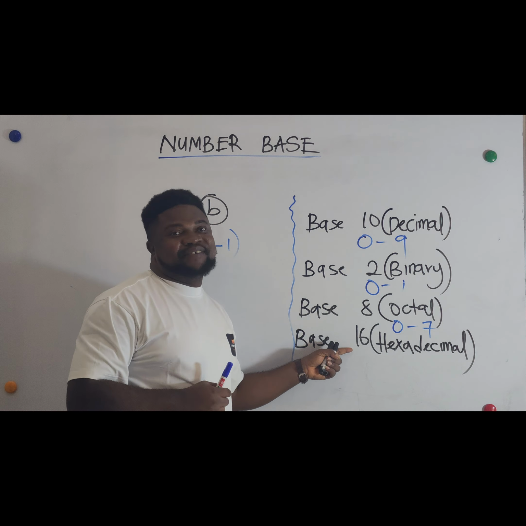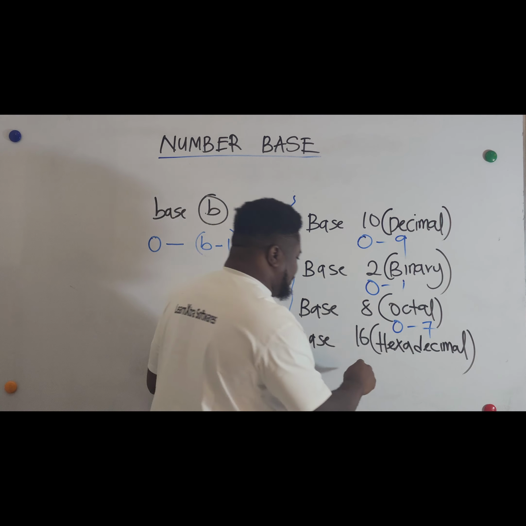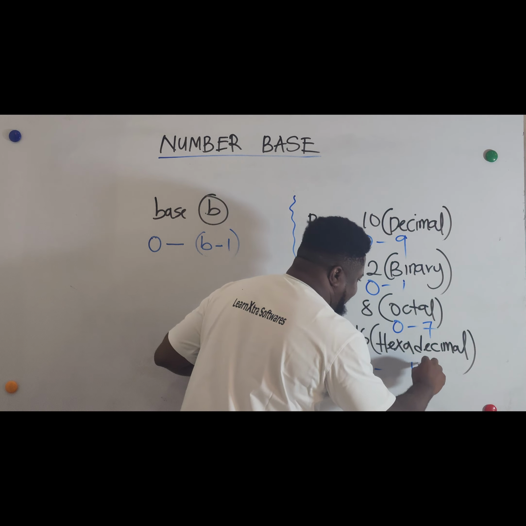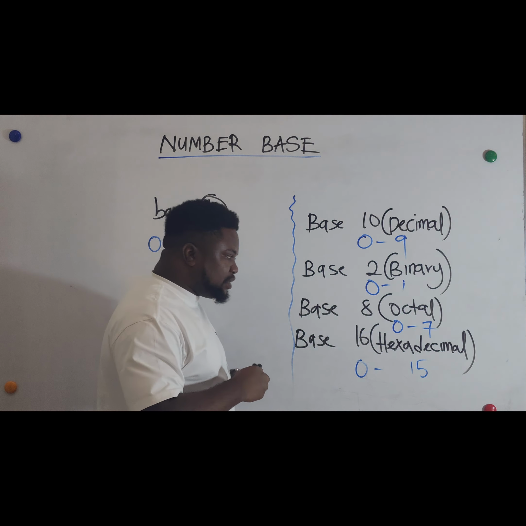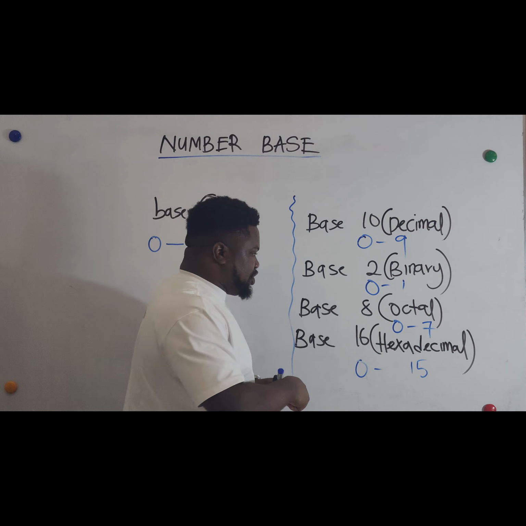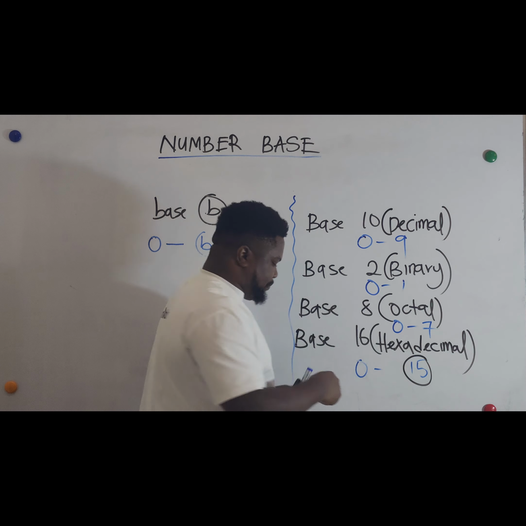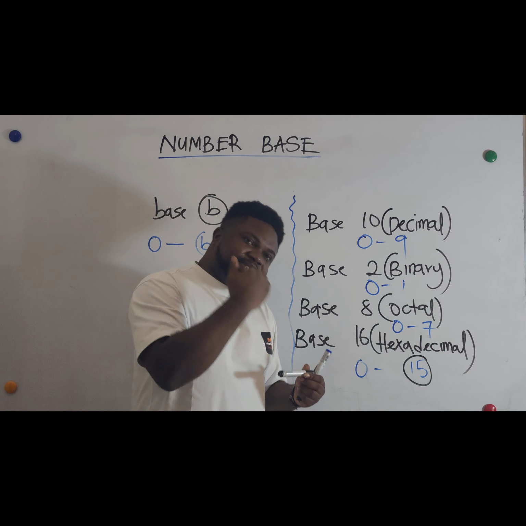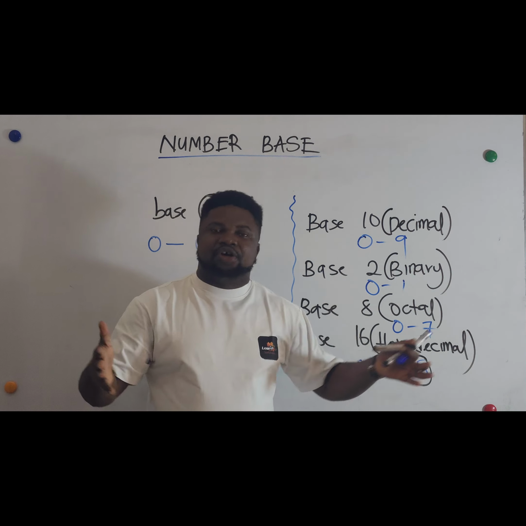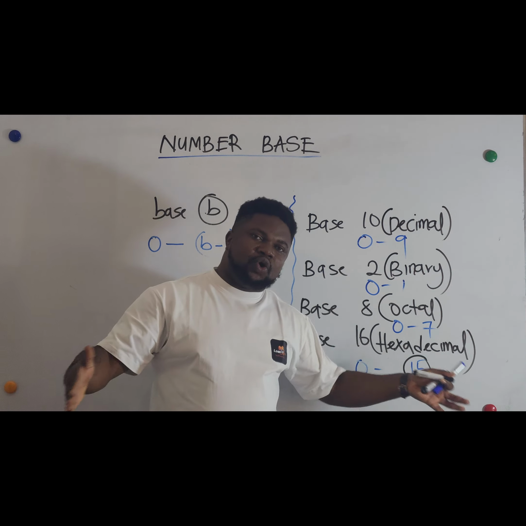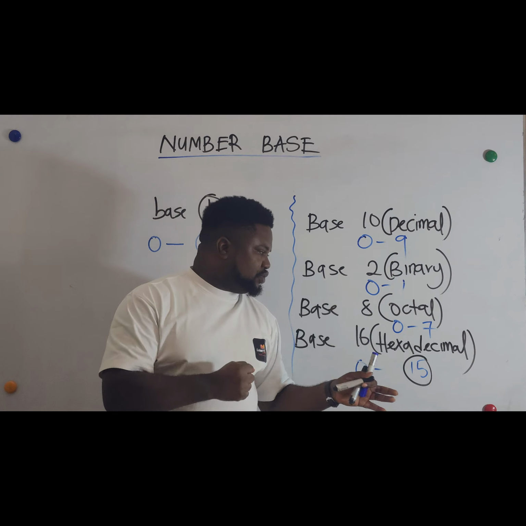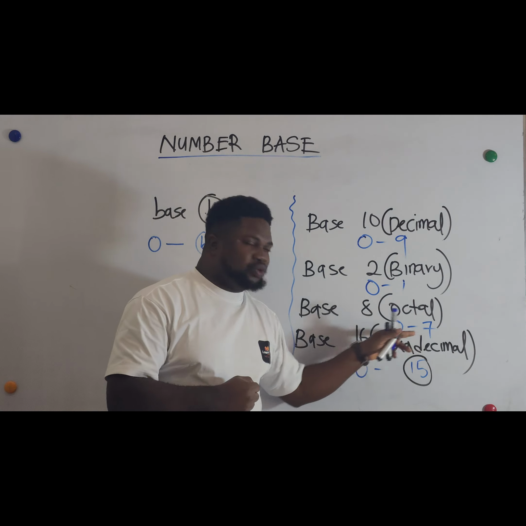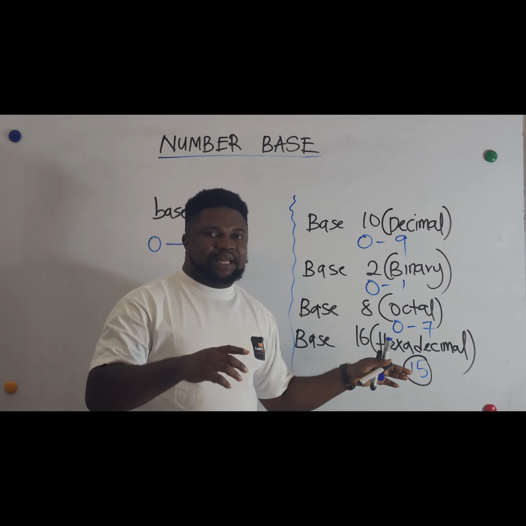For base 16, numbers involved should be from 0 down to 15. But 15 is a combination of two digits, and so is 10. So from 10, we will not use these numbers to show them. We shall use alphabets to label them.